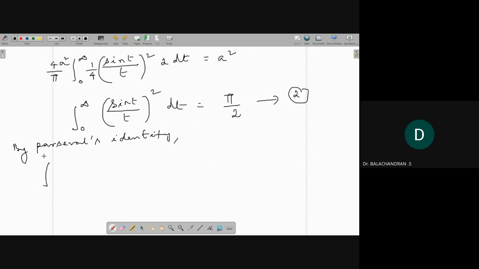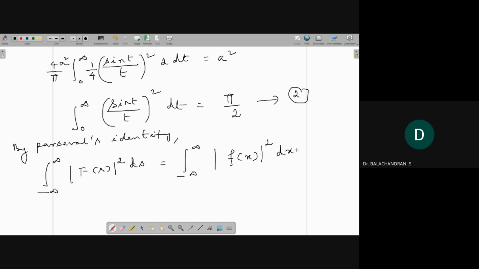Integral minus infinity to plus infinity modulus of f of s whole square into ds is equal to minus infinity to plus infinity modulus of f of x whole square into dx.